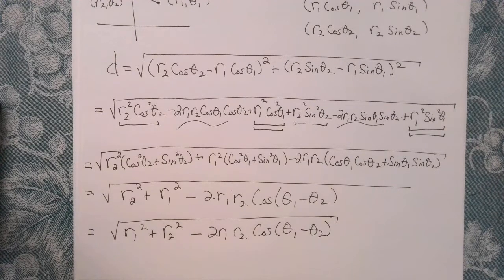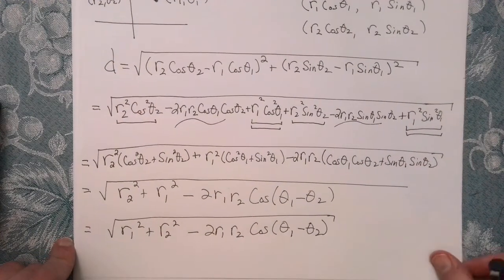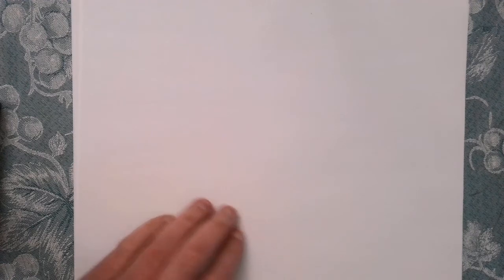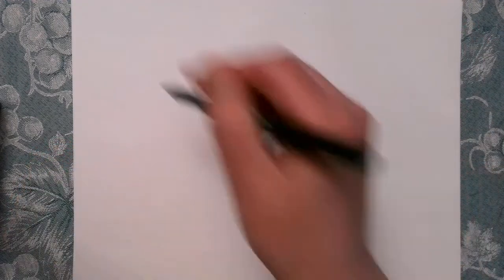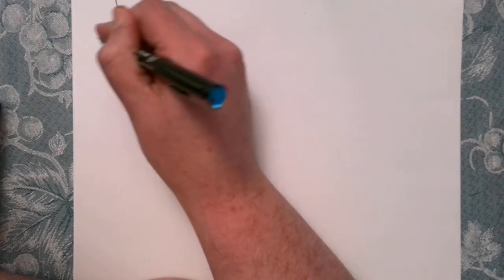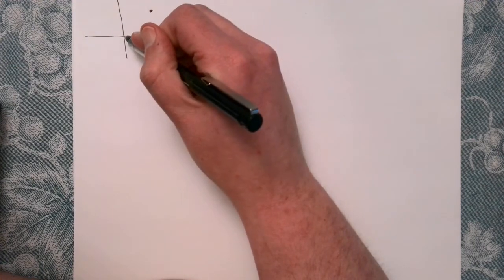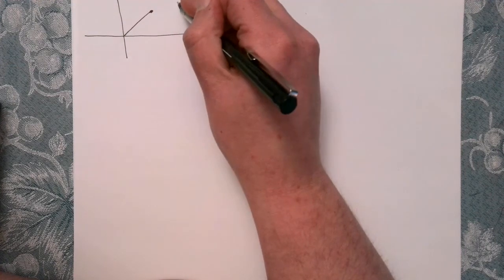I promised 2 methods. So how can we also find this formula using another method? Okay, so let's think about this. So what did we say?